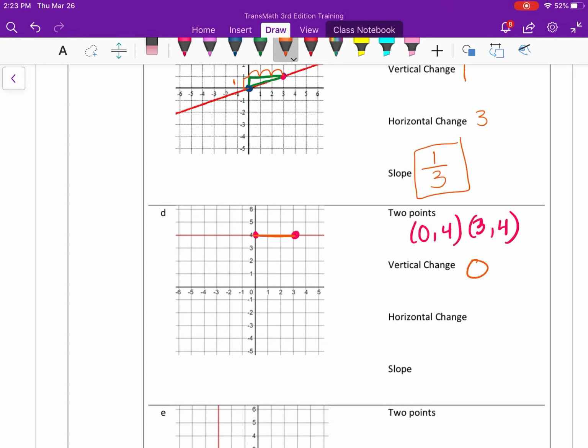That means that I have 0 for a vertical change. Between those points, I have 3 for a horizontal change, but 0 divided by 3 is just 0. Remember, horizontal lines have a slope of 0. There's no vertical change.